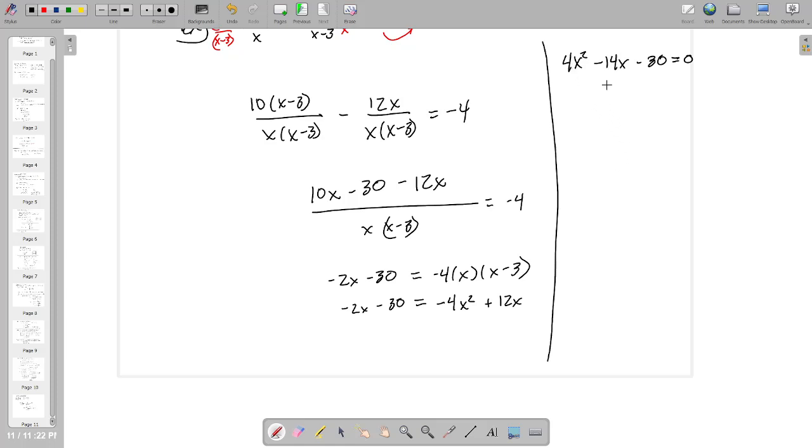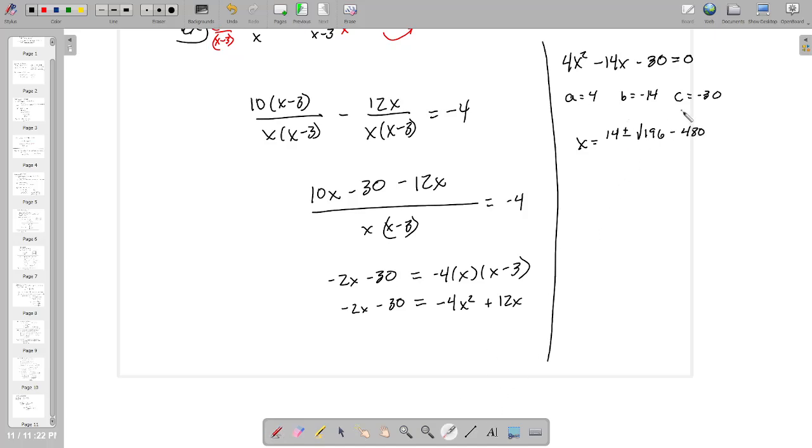So my a is 4, my b is negative 14, and my c is negative 30. You could factor out a 2 and divide it if you want, and it'll reduce your numbers a bit, but that's not necessary. So x is going to equal negative b, so 14, plus or minus the square root of b squared, which is 196, minus 4 times a times c. 4 times 4 is 16, and 16 times 30 is 480.